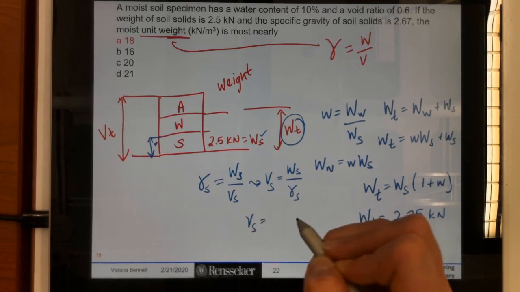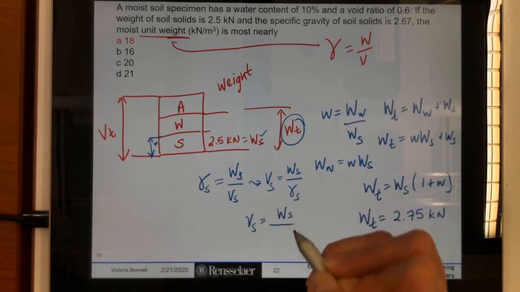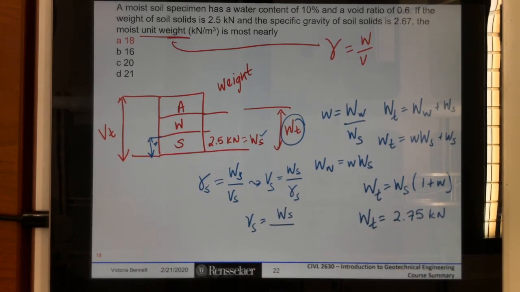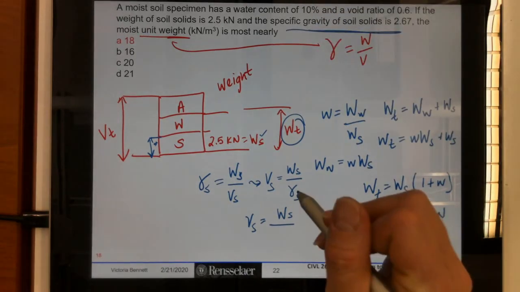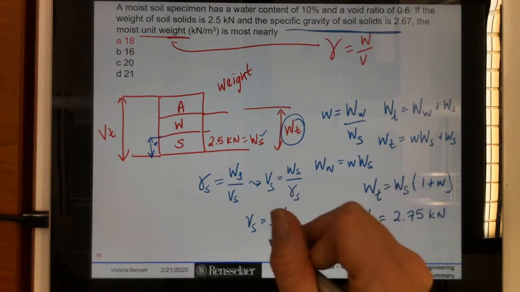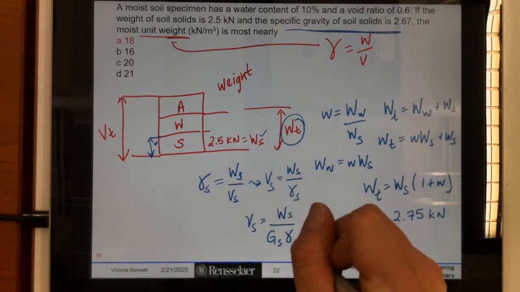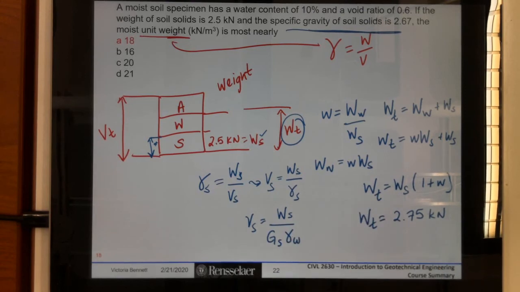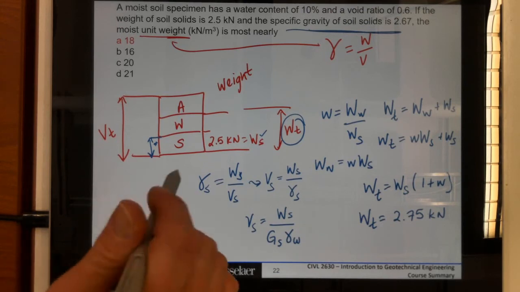We might not remember that one additional piece though. How do we take advantage of specific gravity to get to the unit weight of solids? It's just, oh, let's make sure, yeah.